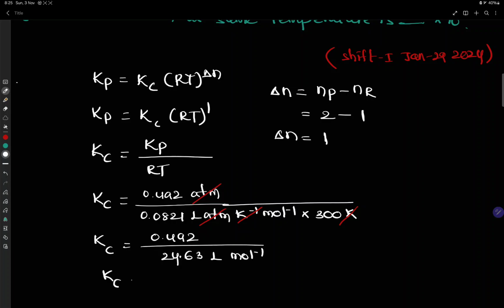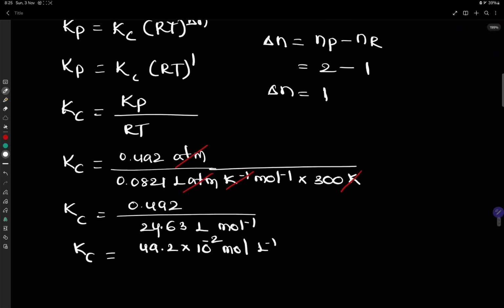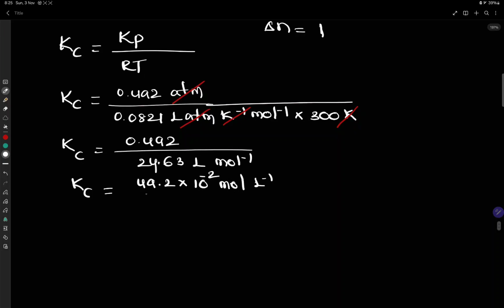If you want to simplify, you can also write 0.492 as 49.2 into 10 power minus 2, and liter mole inverse in the denominator becomes mole per liter, divided by 24.6.